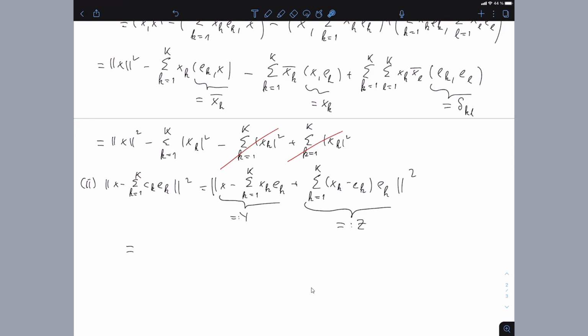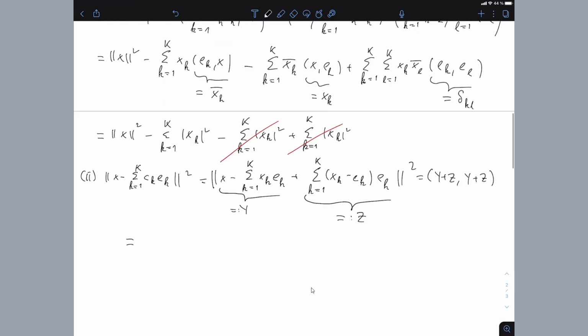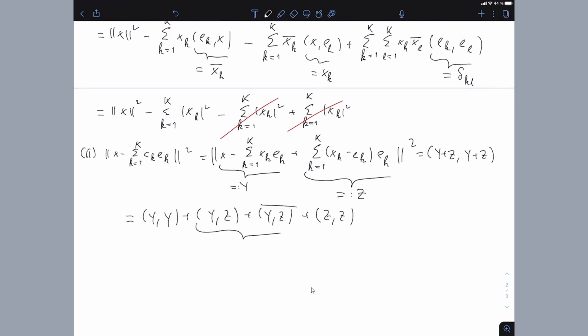So first represent this as, of course, a scalar product of x plus z, y plus z with y plus z. And now I'm factoring out exactly like I did here. So this is y plus y z plus y z conjugated. So it would be z y, but I'm reordering immediately so I get the conjugated part. And that's that.